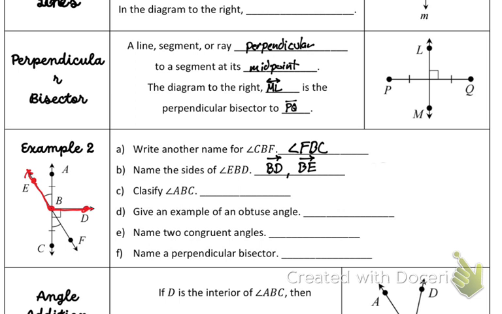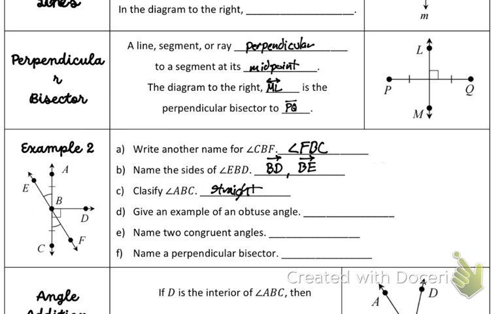Yep, okay. Classify ABC, back group. What do you think ABC is? You're saying it's straight? I would say it's a straight angle as well, because it goes straight up and down. Can you give me an example of an obtuse angle that's on that picture?